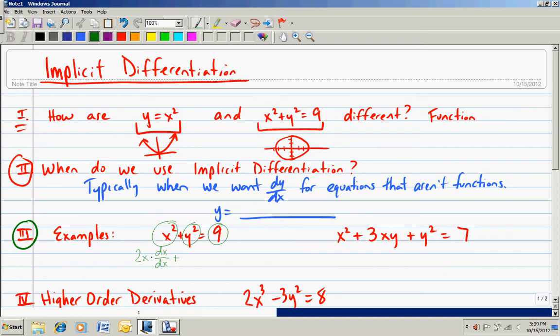We're taking the derivative of x with respect to x, plus the derivative of the second term. Well, that's actually 2y dy/dx. We took the derivative of y with respect to x, and the derivative of the constant is always 0, so we can just put 0 there.